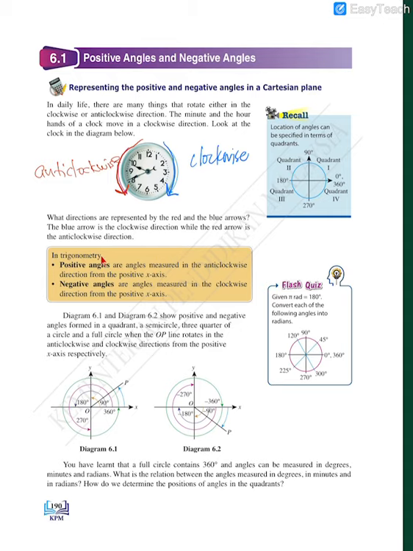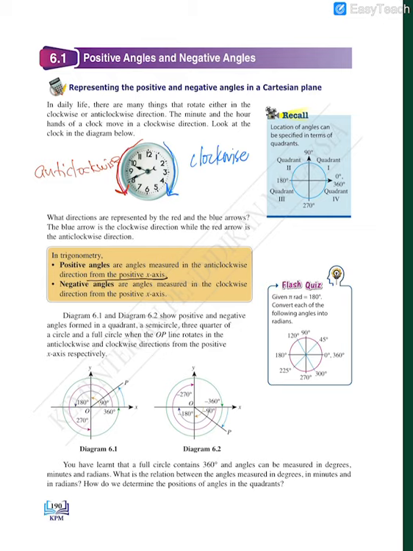Okay, so in trigonometry, the positive angles are angles measured in the anti-clockwise direction from the positive x-axis, and negative angles are angles measured in the clockwise direction from the positive x-axis. Okay, so kalau you all nak faham macam mana kita label positive angle dengan negative angle, caranya kita bermula daripada x-axis.